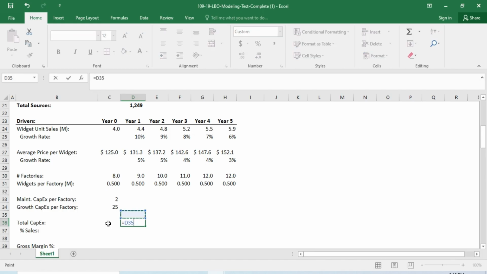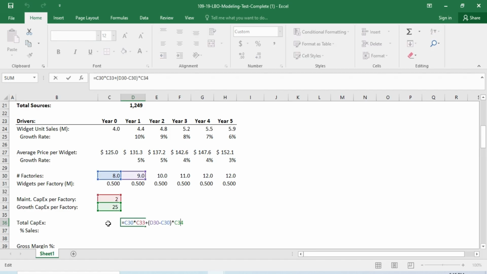Capex will be 8 factories, maintenance 2 million, plus any increase in number of factories multiplied by the additional cost of the factory.